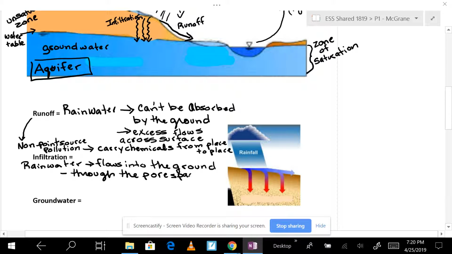We looked at pore spaces in our gravel, in our aquifer, and also our sand. Smaller material like sand has smaller pore spaces. And so it goes through those pore spaces, and those pore spaces we would call like air pockets in the soil. Even though they're tiny, they're still there.